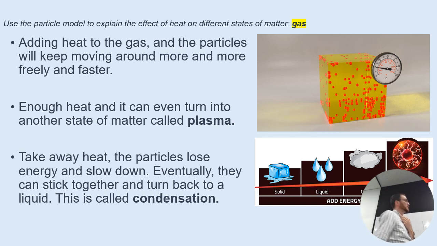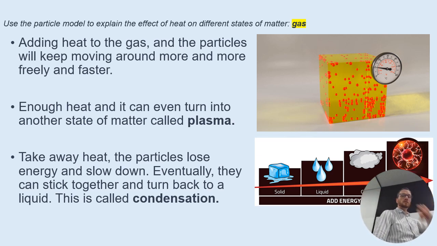Okay, little bit of extension. If I take a gas and heat it up even further, we can get what's called plasma. If I take a really, really cold gas and cool it even further, we can get what's called Bose-Einstein condensates. Another unique state of matter.